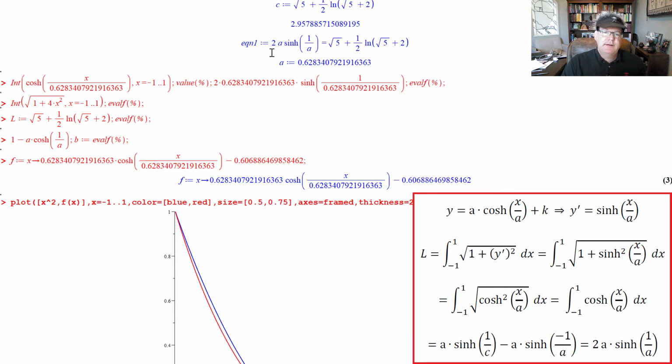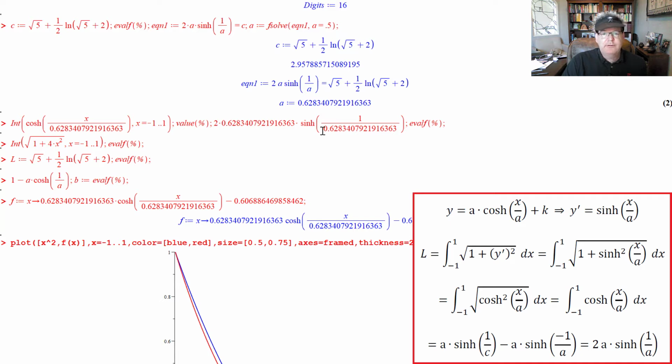And this will be the length of the hyperbolic cosine curve in terms of a value A, which is this value right here. So I'm kind of free to choose that, and changing that will change the length. So I solve for A so that the length was exactly what I needed.